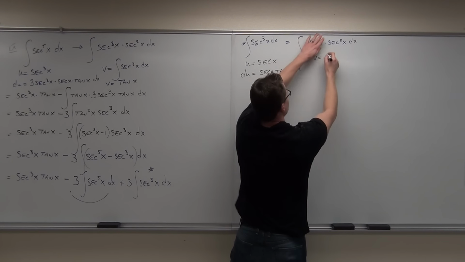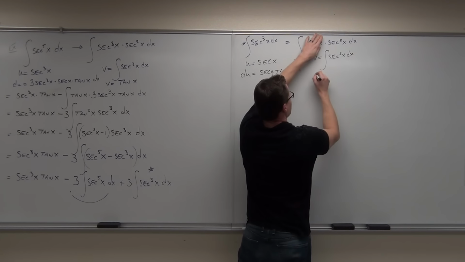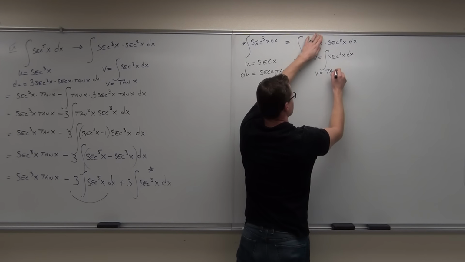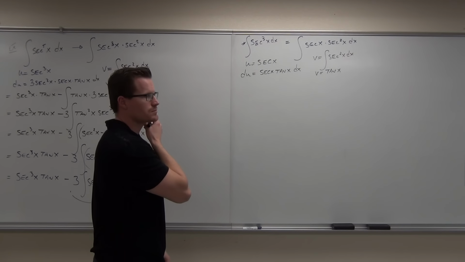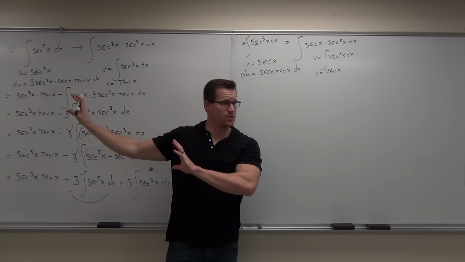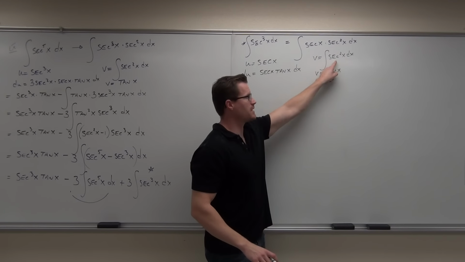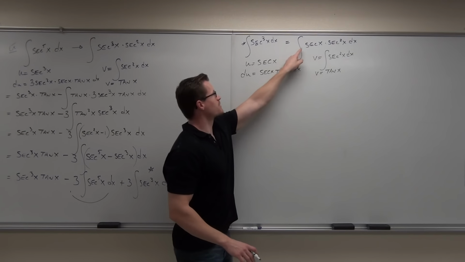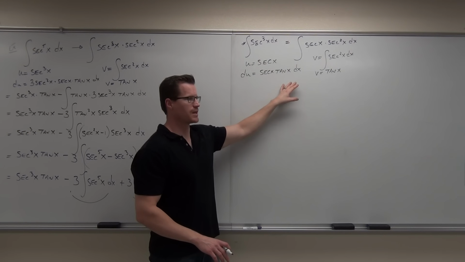V would be the integral of the rest, secant squared x dx, and our v is tan x again. You guys okay with that one? Do you see the same technique at work that we just did? Strip off the secant squared. Call that your v, integral of your v. No problem, that's easy. This one, call that your u, derivative of u, you can all do that. That's secant x tangent x.